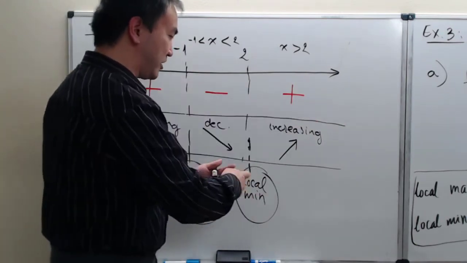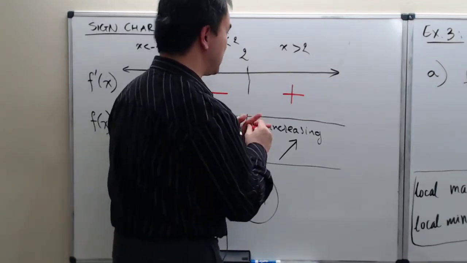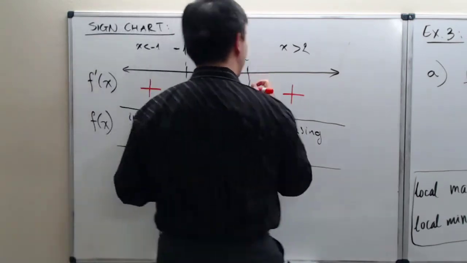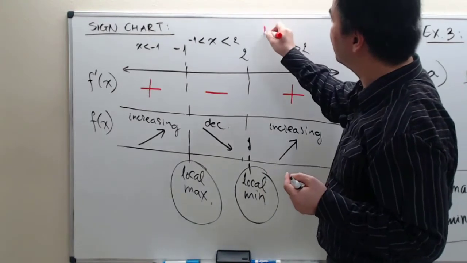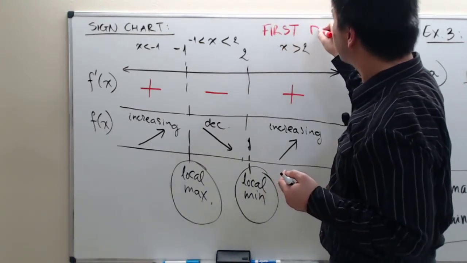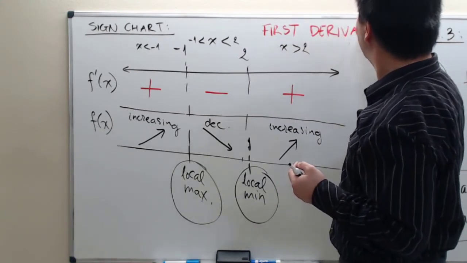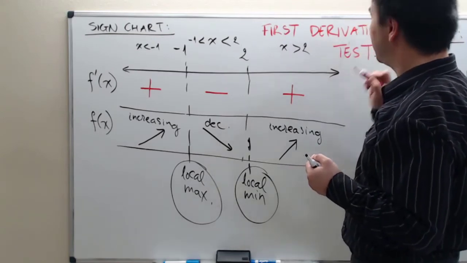This whole picture about using the sign chart table, the entire work that we do here with the table, all the way to deciding local maximum and local minimum, we refer to as the first derivative test.